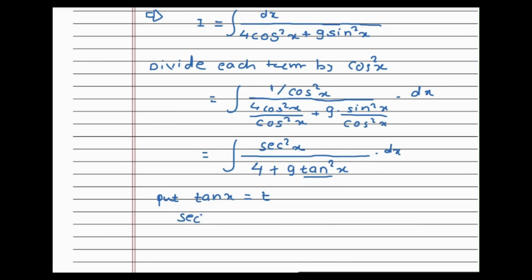The derivative of tan x, sec square x, is equal to dt by dx.